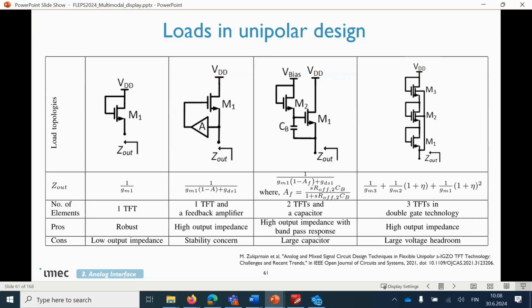Again, you need to design so that this capacitor CB is large, so that at high frequencies you can boost your gain a lot, because you are essentially shorting and creating a 0 VGS load here.